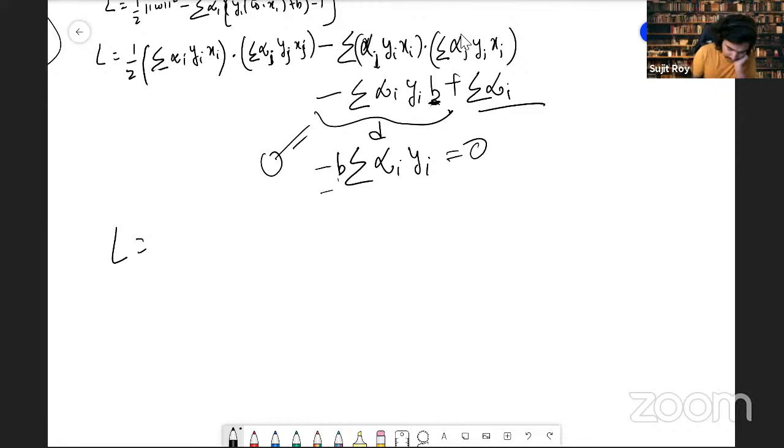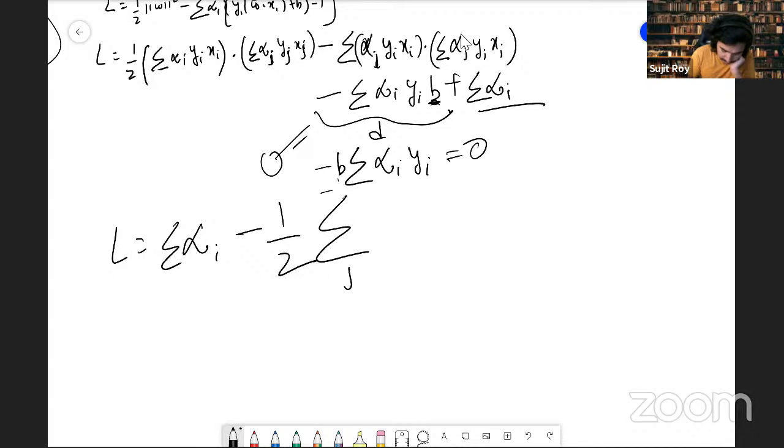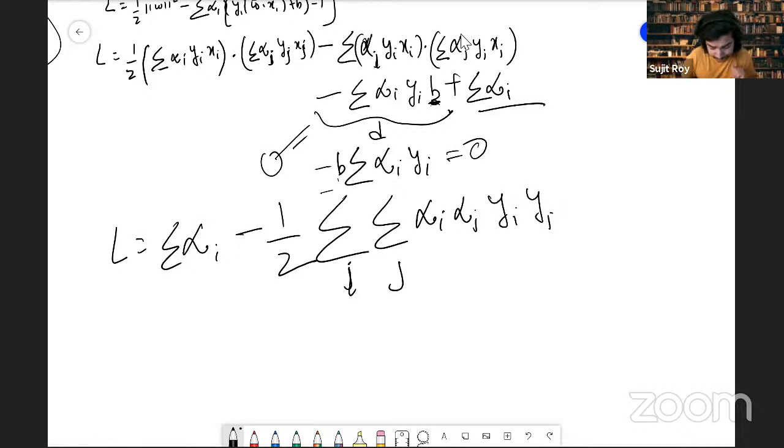So I will write sigma alpha_i, minus half, sigma over i, sigma over j, alpha_i alpha_j y_i y_j, and then x_i and x_j, the vectors.